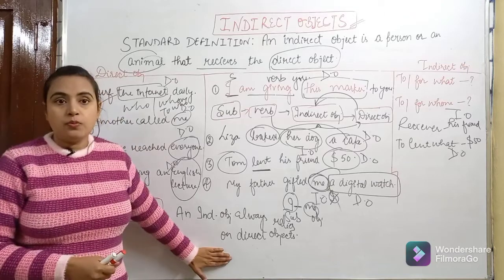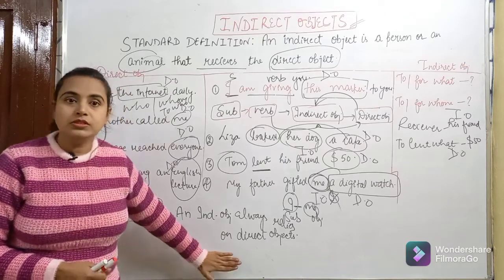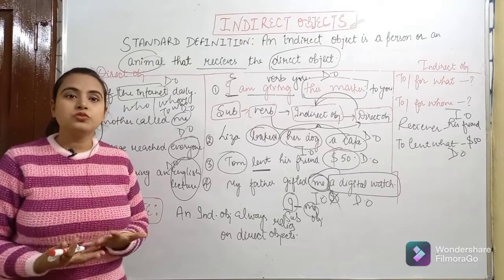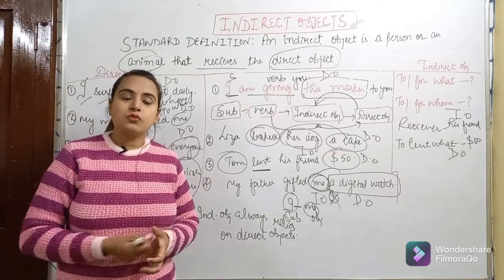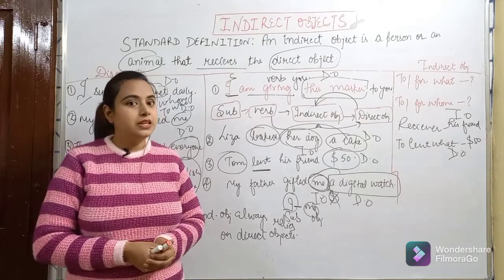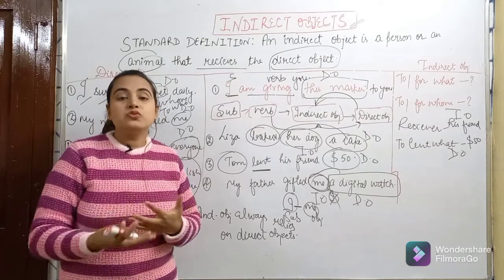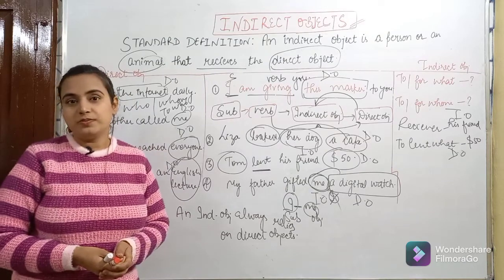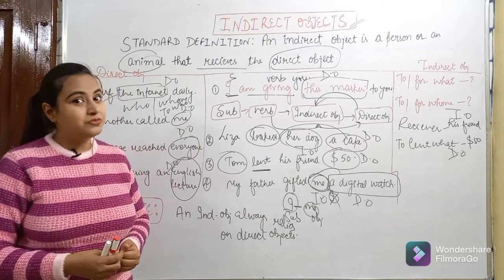So I hope you have clearly understood this concept of indirect objects, and now I am going to display a list of examples in which you will be able to identify the direct objects and indirect objects very carefully. So be with me.